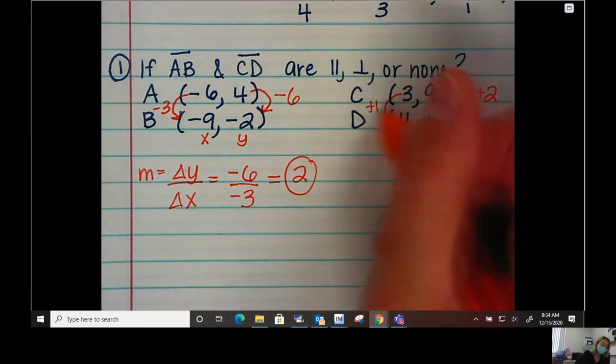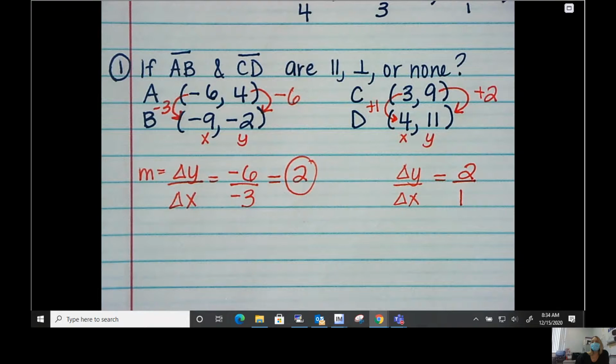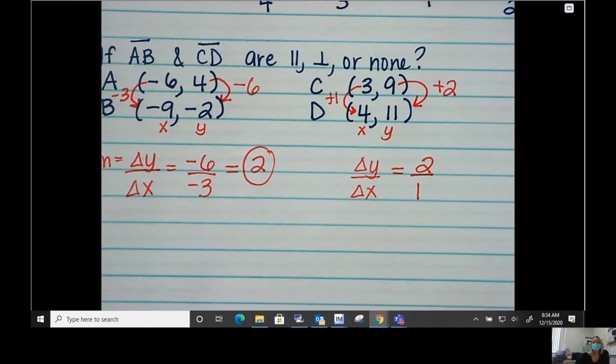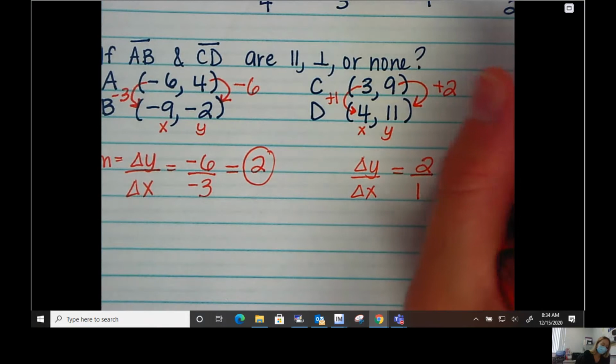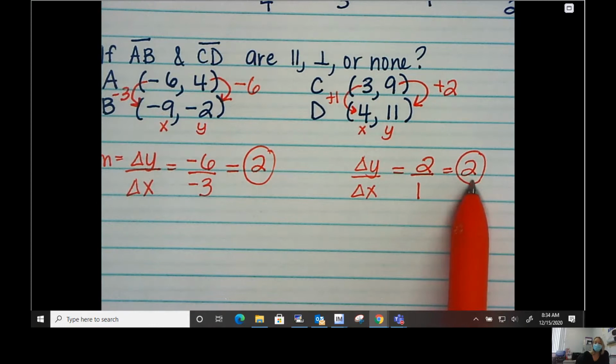Plus 1. My slope is 2 divided by 1, which is really just what? It's just a 2. So my slope for AB was 2. My slope for CD is also 2.